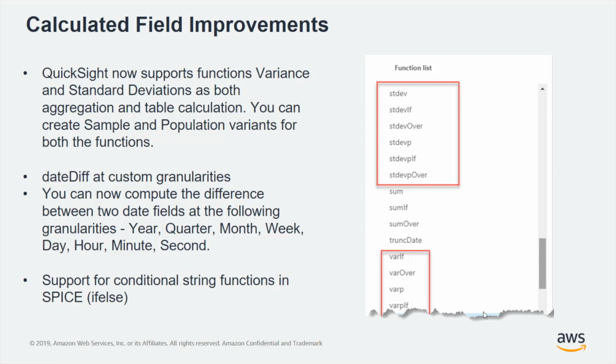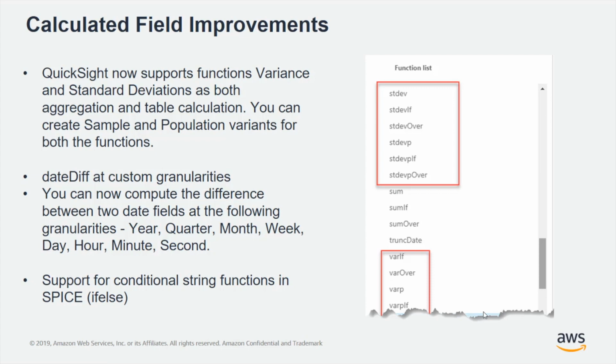So standard deviation if, which lets me do conditional standard deviation aggregations. Standard deviation over is a table calculation, which would be computed across many data points in my visual. And then similarly those same, but using population variance for them. Those same exact set of 6 functions will exist for variance as well. So these are available to you as just pure aggregations as well as table calculations.